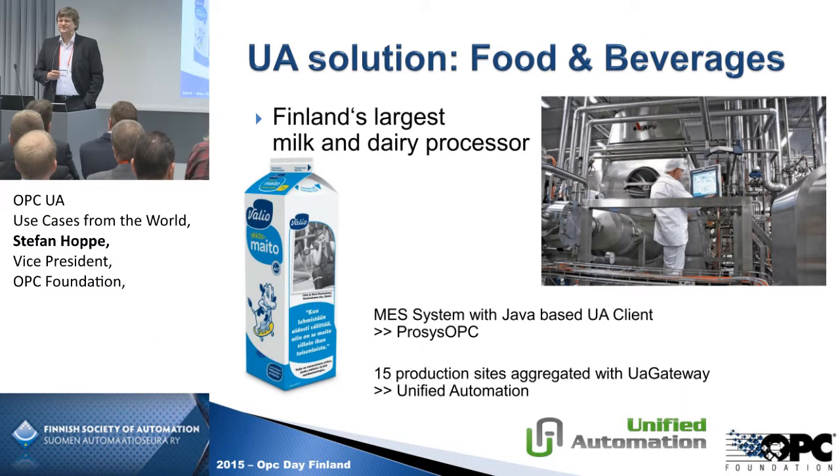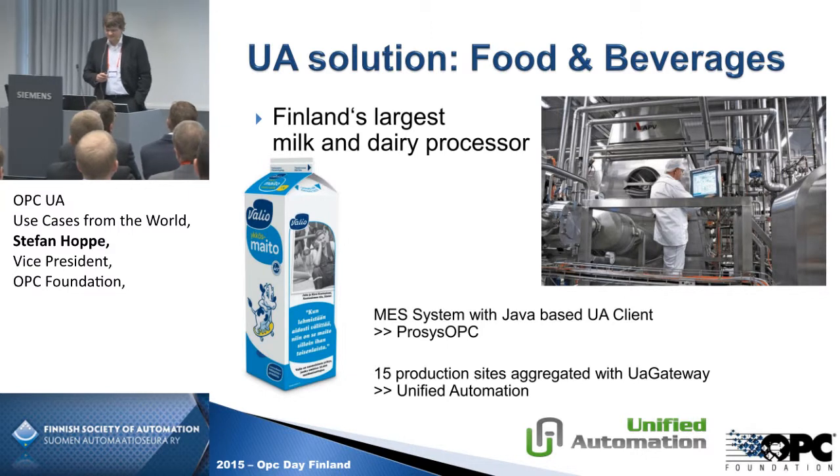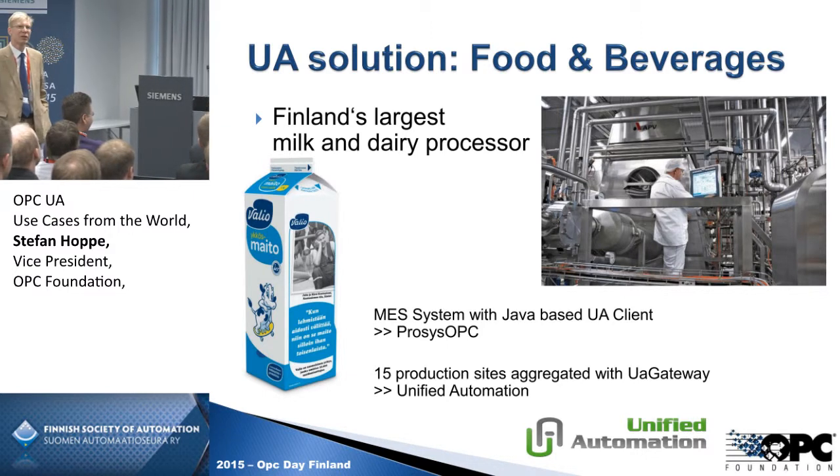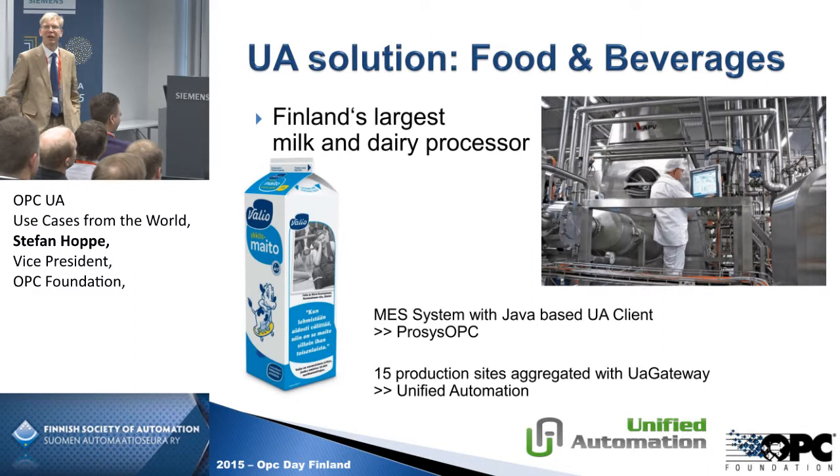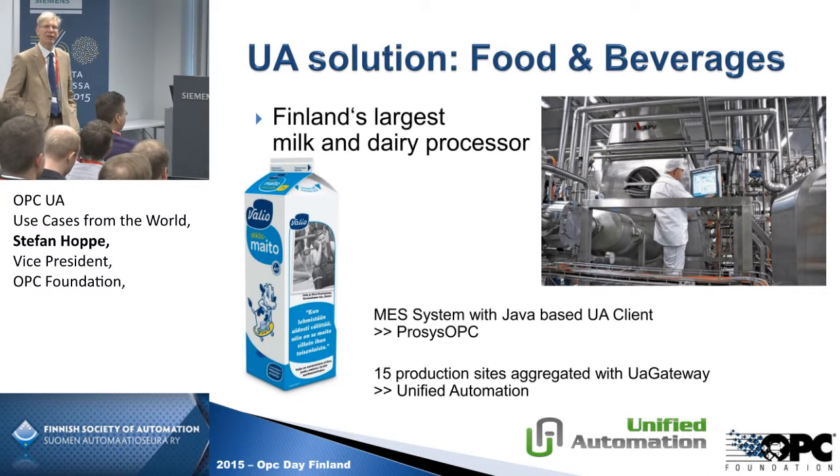Okay, I don't have a microphone, but anyway, Valio has been implementing OPC UA in their production for a long time, and we had a presentation about that a few years ago in our event as well.